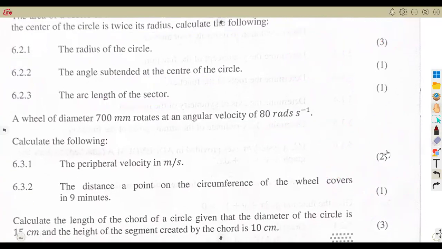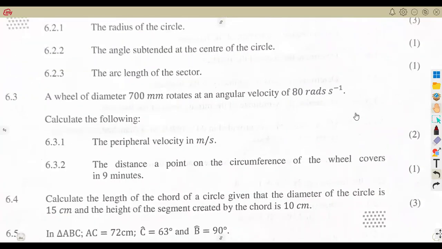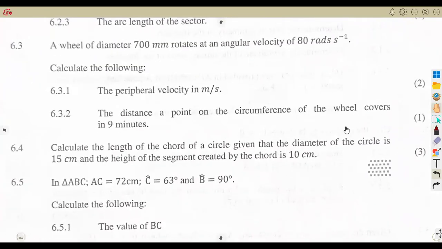All right. Let's see another part, which is 6.3. We are given a wheel of diameter 700 millimeters. There is a diameter there. Diameter 700 millimeters.